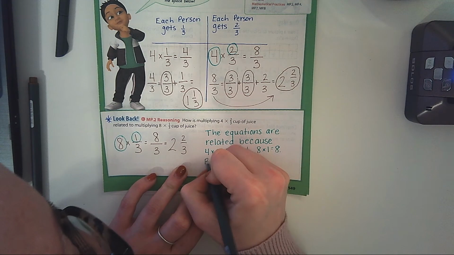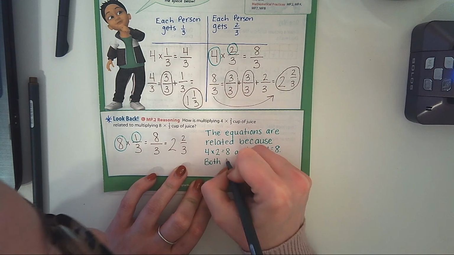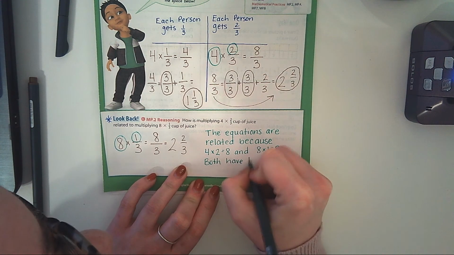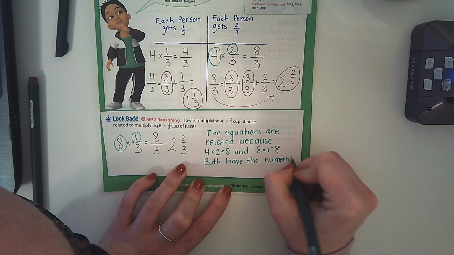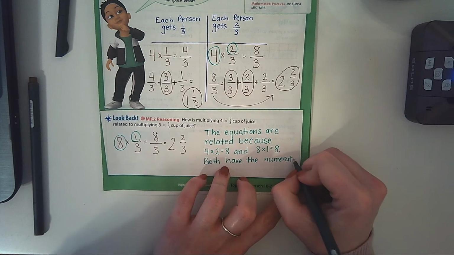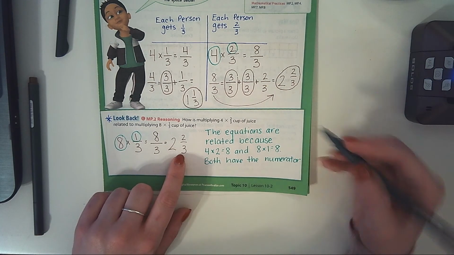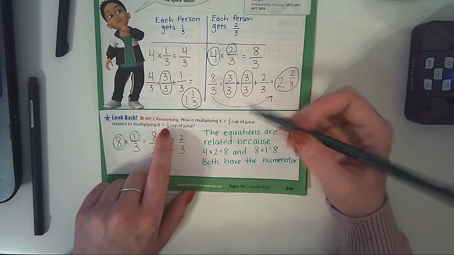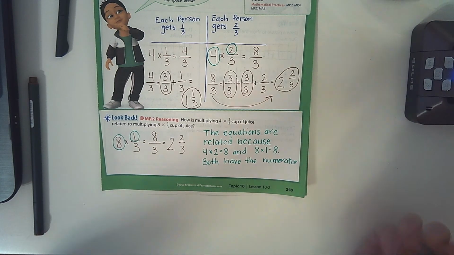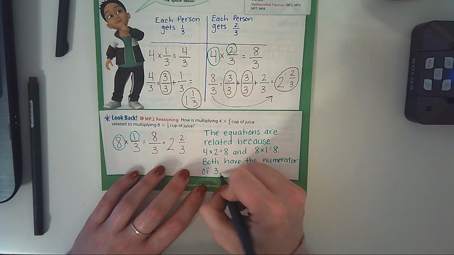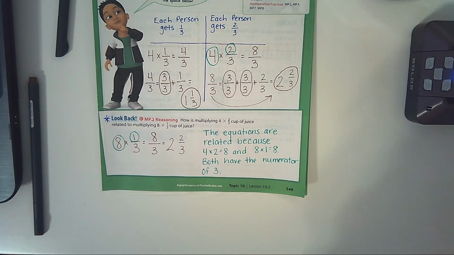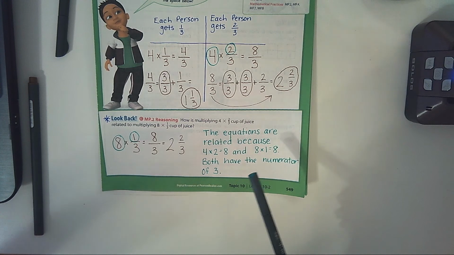Both have the numerator of 3, right? 8 times 1/3 and 4 times 2/3. So since both have the numerator of 3, we're going to end up getting the same answer of 2 and 2/3. So you can pause the video here and finish copying that.